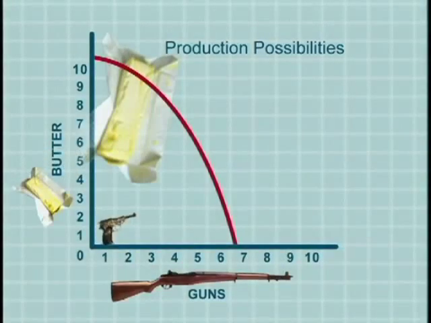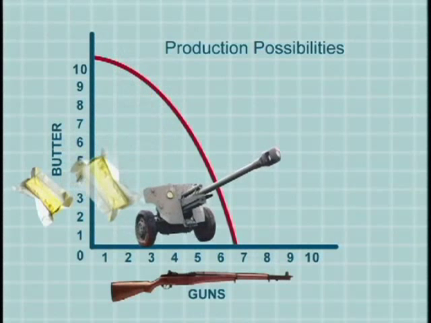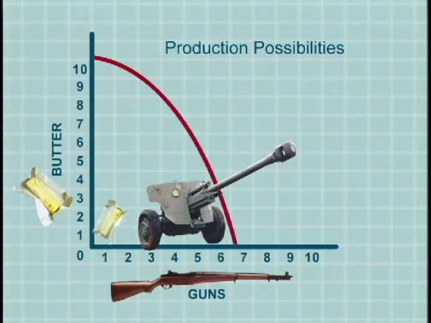We're making a choice. We're moving resources from the production of butter, civilian goods, to the production of guns, our national security. It was after World War II that economic textbook writers started using guns and butter to illustrate that there was a trade-off between consumer goods like food and military hardware.